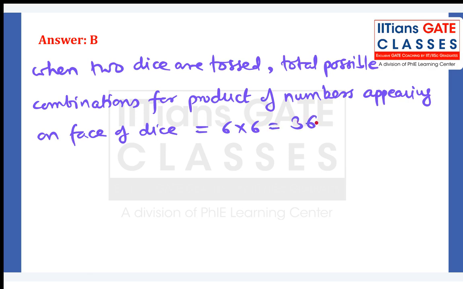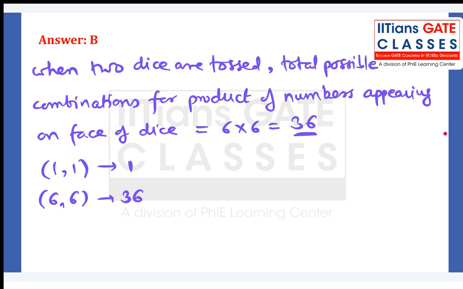For example, if I roll and get 1 and 1 on both dice, then their product is 1, right? Similarly, if both are 6 and 6, the product will be 36, right? So I'm saying total possibilities are 6 into 6, 36.